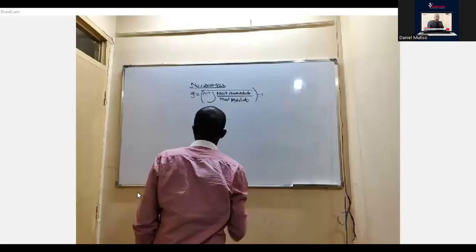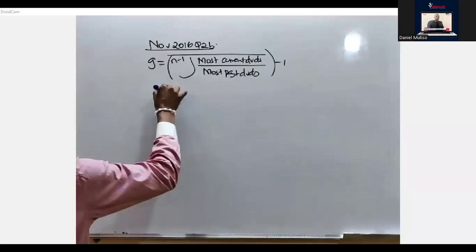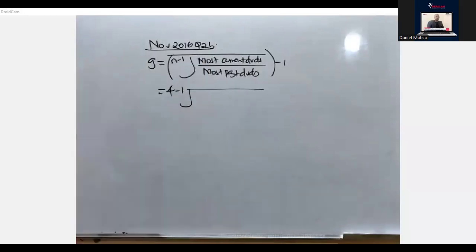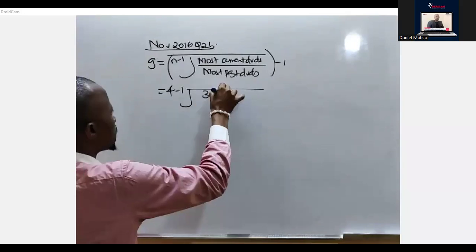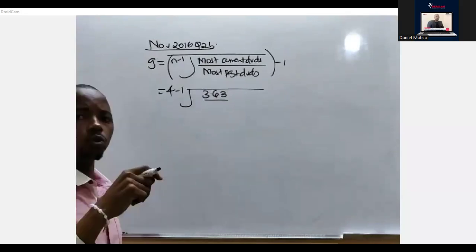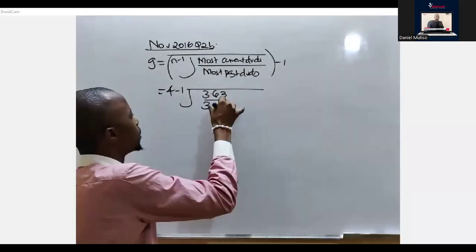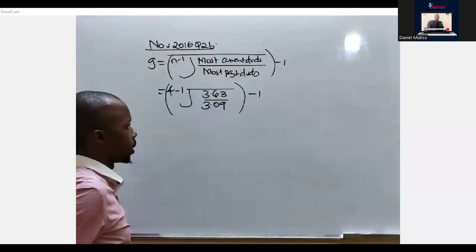When I look at my project here, the number of years is 4. Are we together? So in this case it will be 4 minus 1, the root of the most current dividend, which you can see in note number 1, 3.63, divided by the most past, the first dividend declared by the company, 3.09. From all of that, we subtract 1.